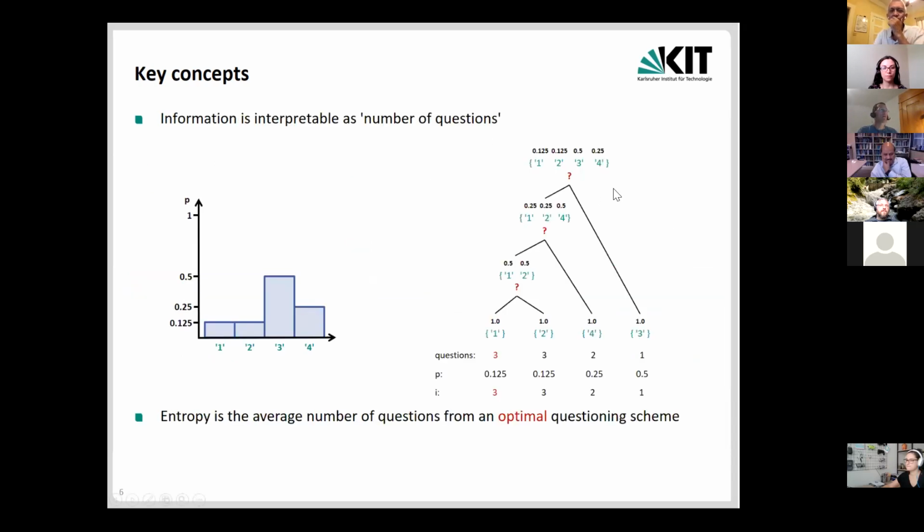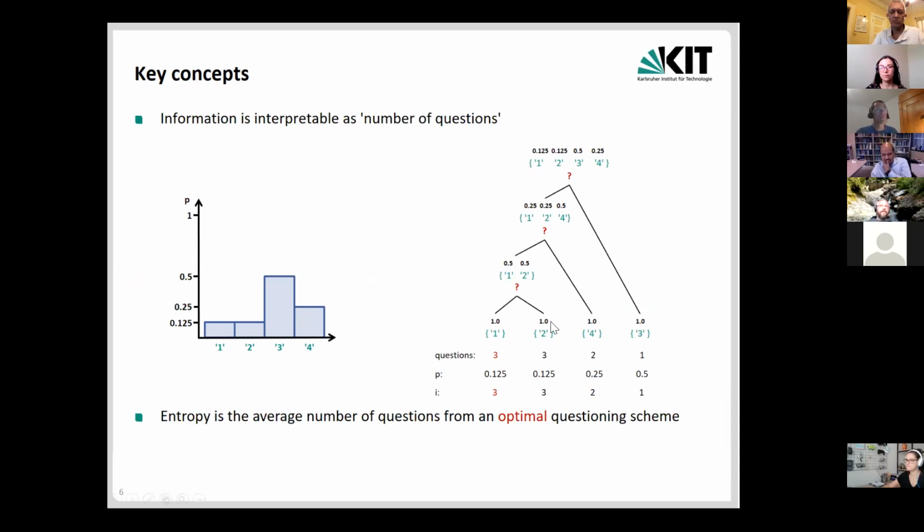Then because we can interpret information as the number of binary questions we are spared from asking if someone reveals a particular outcome of a random experiment to us, we can interpret it as the number of questions that we either have to ask or are spared from asking.